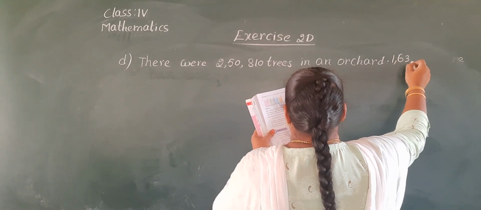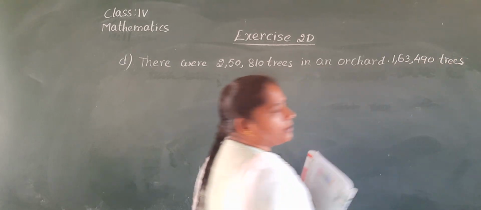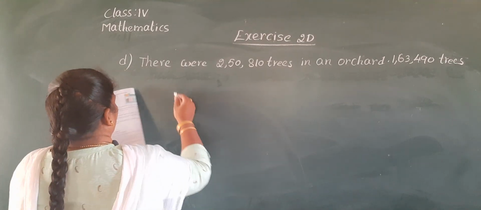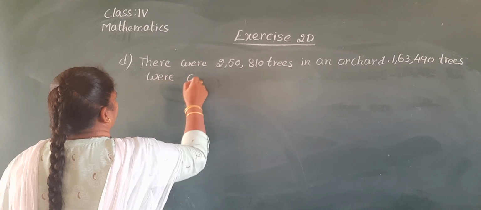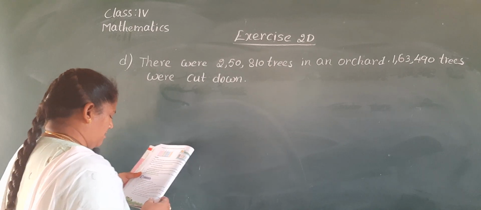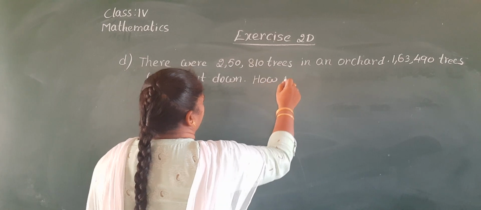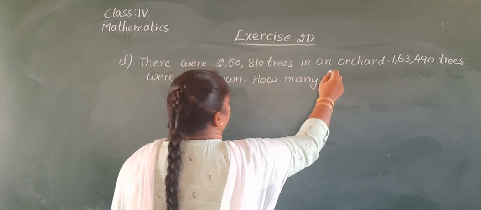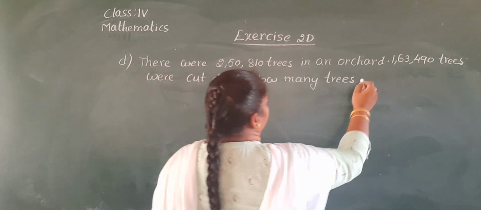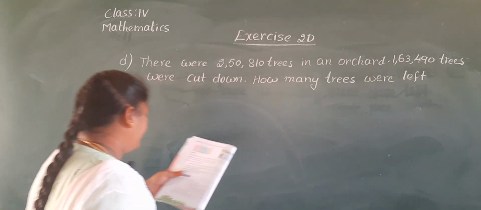One lakh 63,490 trees, 1,63,490 trees were cut down. How many trees were left in the orchard?